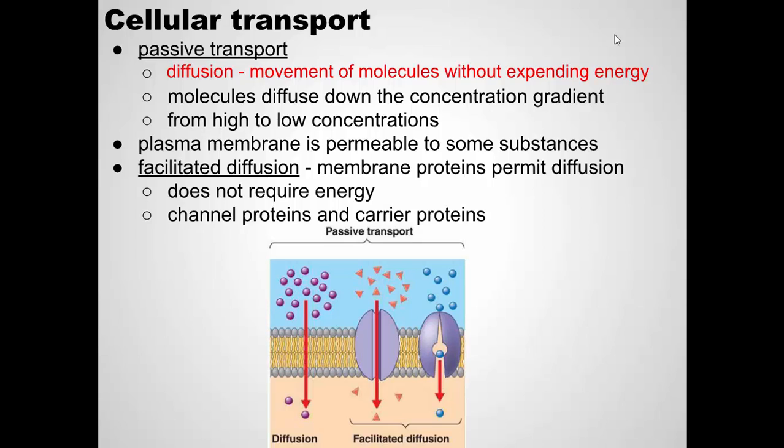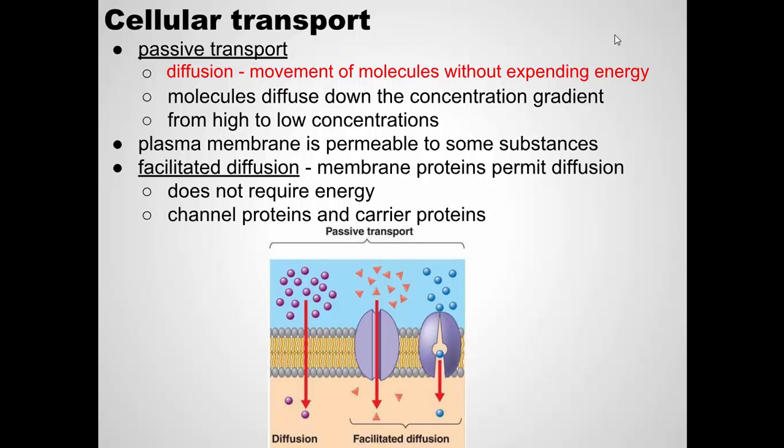A cell does not have to expend energy for molecules to diffuse in or out of the cell. Hopefully, as you remember from 7th grade, molecules will diffuse from high to low concentration. We call that moving down the concentration gradient.